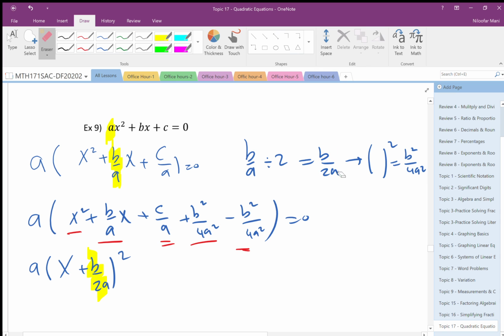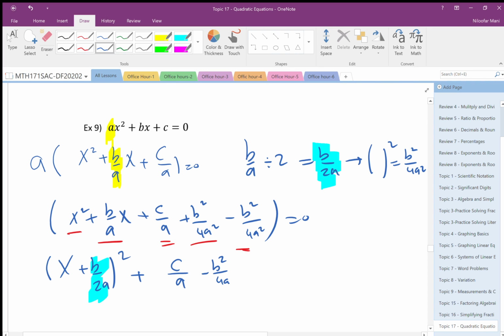So maybe I changed another color, otherwise I don't have your attention because in many cases I use yellow. Okay, so in order to make it easy for myself, I don't need to consider that. So that's that, plus c over a minus b squared over 4a squared.